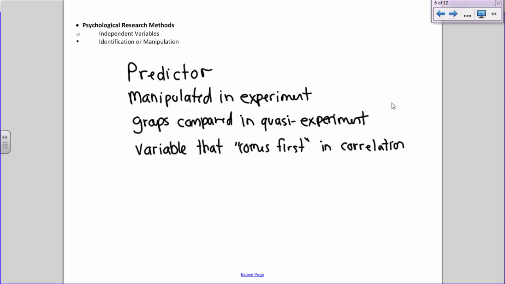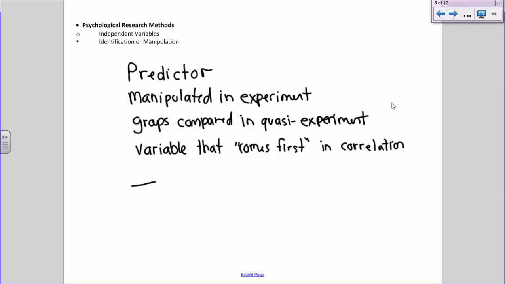So that's the problem with correlational research. You don't always know which one is the IV or the independent variable and which one's the dependent variable. You don't know which one necessarily comes first. But based on past research, you usually make an assumption about which one is the independent variable and which one comes first. And typically, we think that performance is the outcome of job satisfaction. And job satisfaction is usually treated as the independent variable in that relationship.